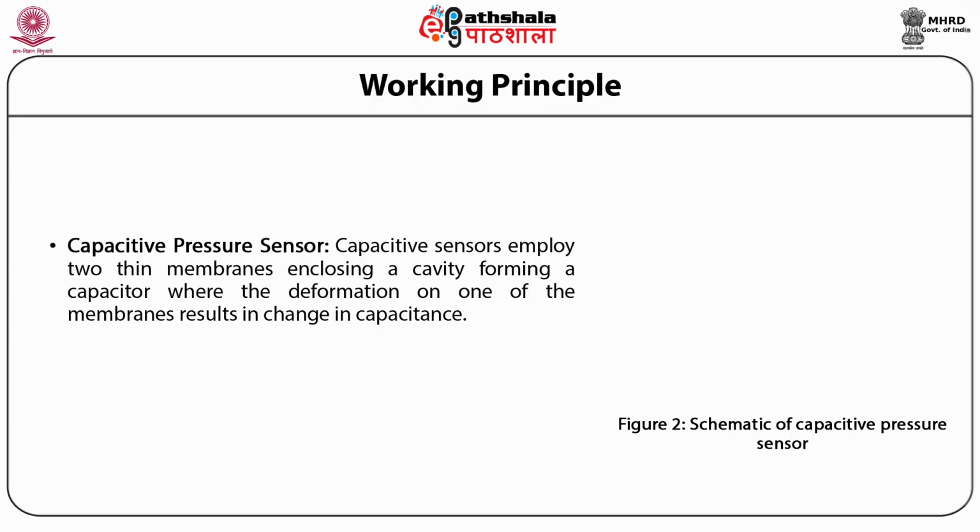Capacitive sensors employ two thin membranes enclosing a cavity forming a capacitor, where the deformation of one side of the membrane results in a change in capacitance, and the schematic of the pressure sensor is shown below.